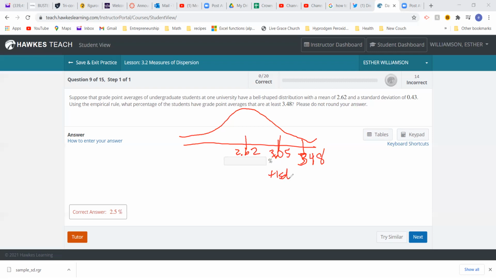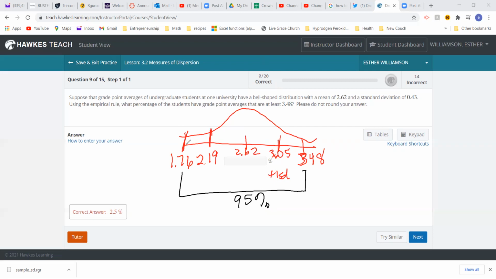Again, 68% of our data is going to fall between plus or minus 1. So if I go the other way and subtract 0.43, this is 2.19. And then if I do it again, subtract 0.43, 1.76. So 95% of my data will fall plus or minus 2 standard deviations.